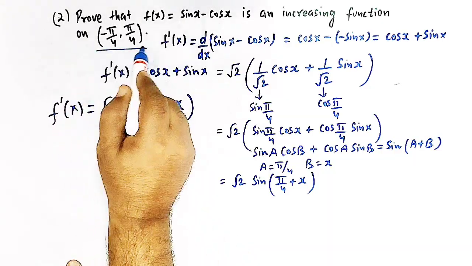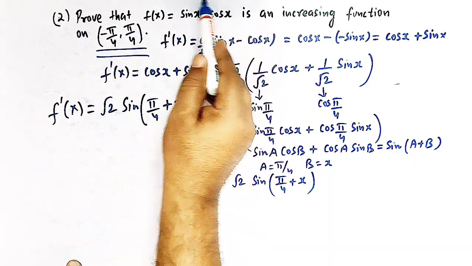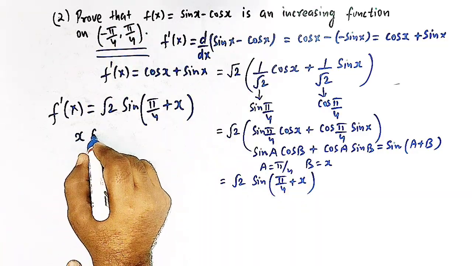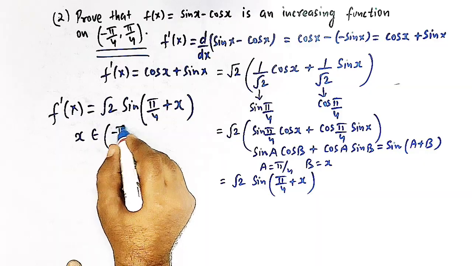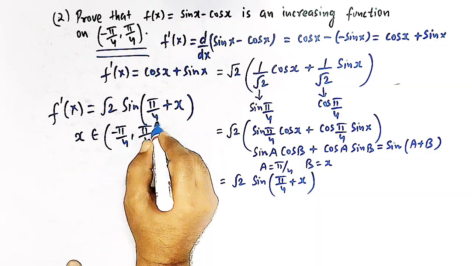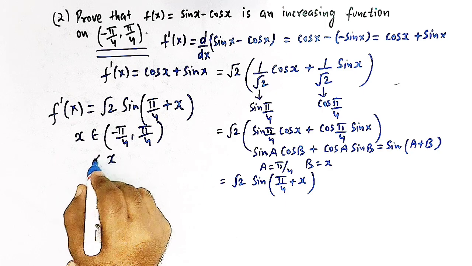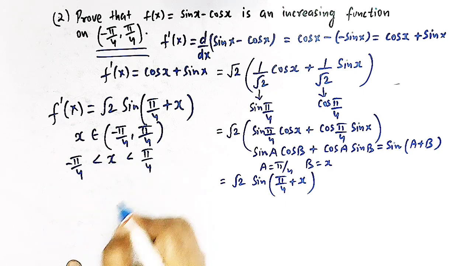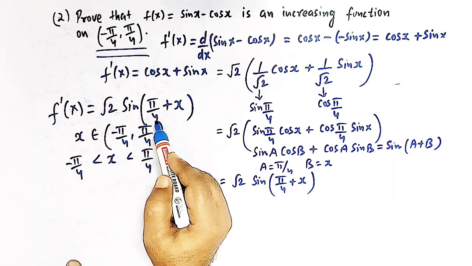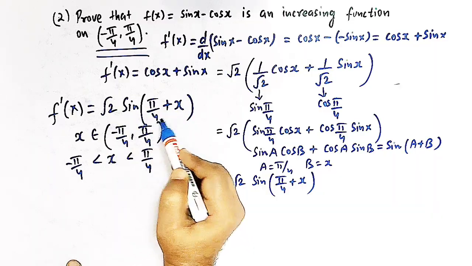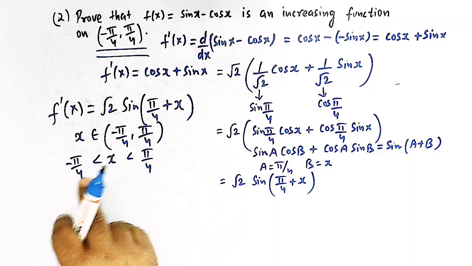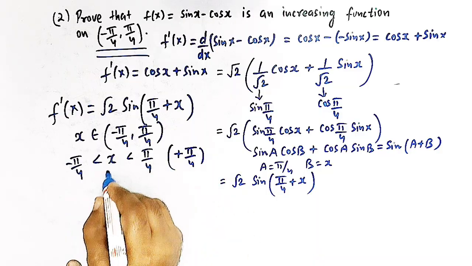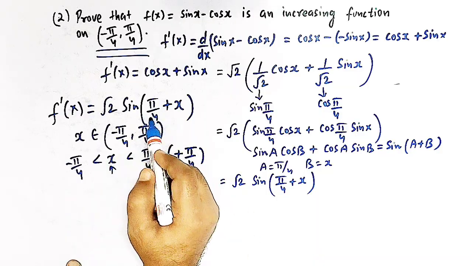So now here we are given this interval, that is we have to prove that this function is an increasing function in this interval, that is x belonging to this interval minus pi by 4 to pi by 4. So we can also write it like this: x is greater than minus pi by 4 and less than pi by 4, right? Now here we have pi by 4 plus x, that is sine of pi by 4 plus x. So let us add pi by 4 throughout this inequality, so that here we get x plus pi by 4.